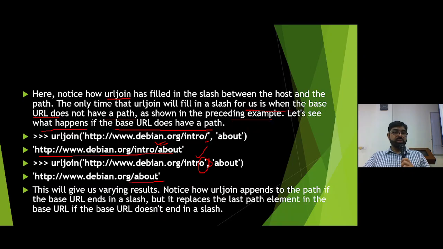It's just because of this slash, so it will give us varying results. Notice how urljoin appends the path if the base URL ends with a slash, but it replaces the last path element in the base URL if the base URL does not end with a slash. Both are different things, so it's very important to define the path completely.